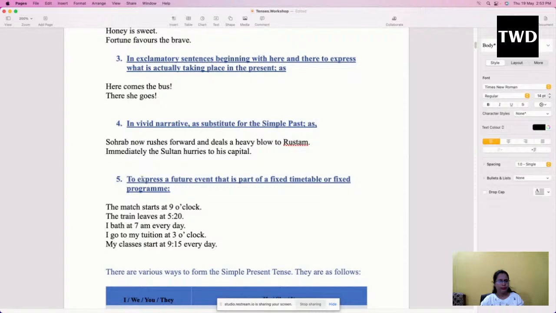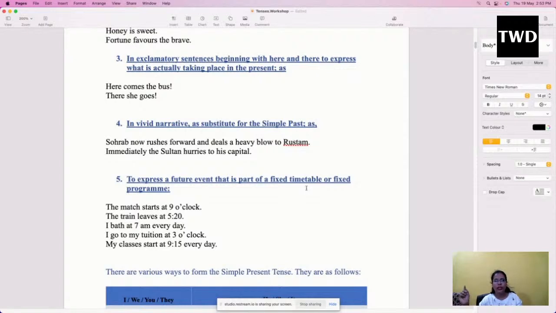And then the next one is to express a future event that is part of a fixed timetable. So there are always some actions which happen at a fixed time every day. Say, for example, you want to go to Mumbai from Delhi.